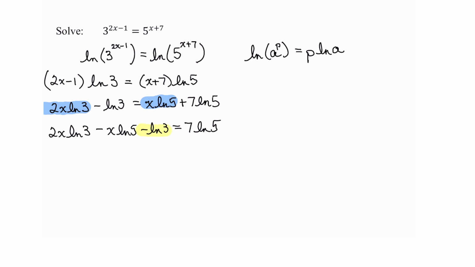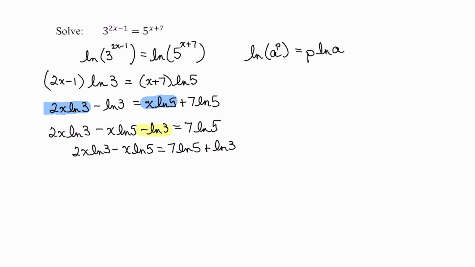So this minus the natural log of 3 does not have an x in it, and so it should not be on the same side of the equal sign as the terms that do have the x. So we'll go ahead and add the natural log of 3 to both sides. So 2x natural log of 3 minus x natural log of 5 is equal to 7 times the natural log of 5 plus the natural log of 3.